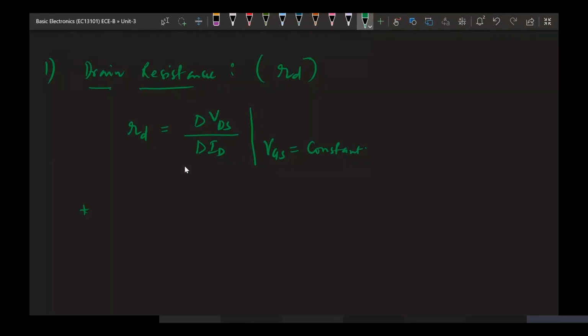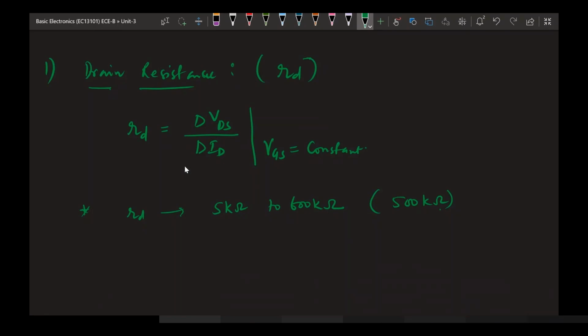The typical value of RD is between 5 kilo ohm to 600 kilo ohm, or generally around 5 kilo ohm. That means it is very high, so the output resistance in the case of a FET is very high.